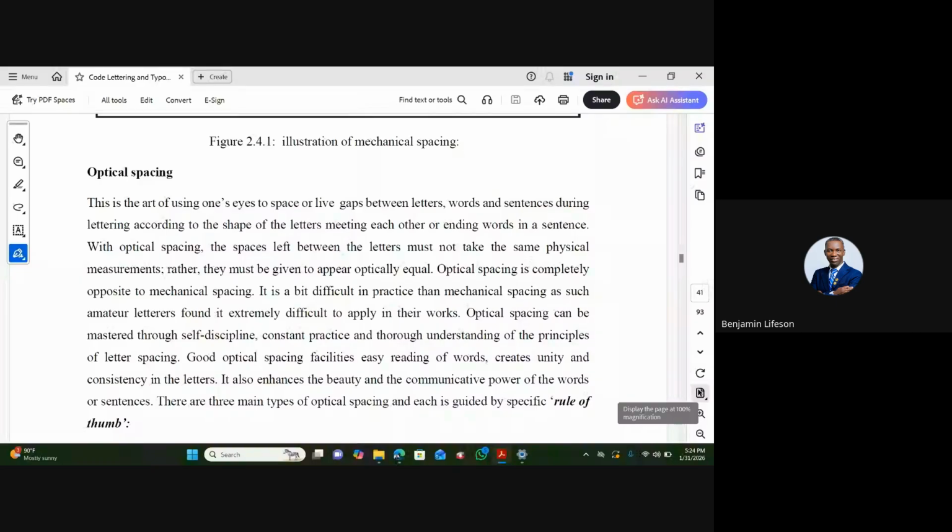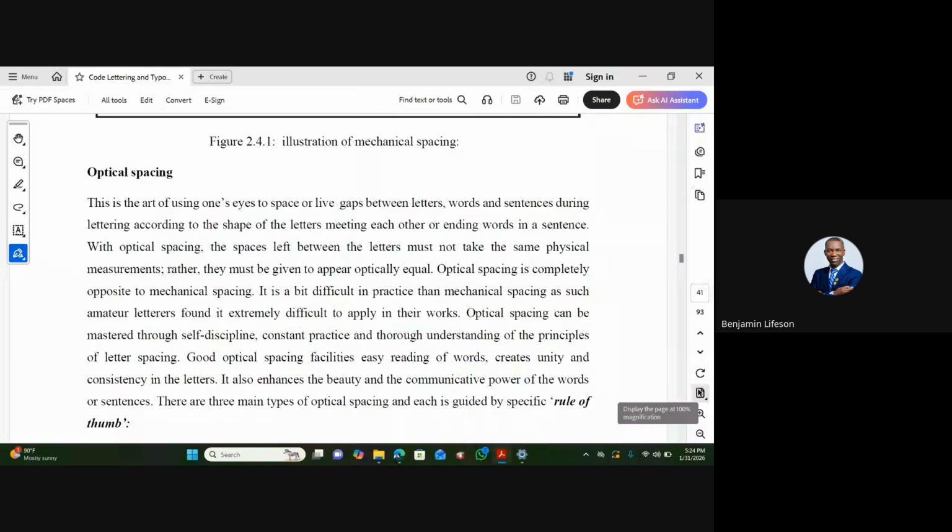Okay, so in this case, if maybe I'm spacing O and P, O is having a round shape and P is straight. So O and P, if I use 1 centimeter, it will be too close. So instead of using 1 centimeter, I'll use maybe 1.5 centimeters, so that it wouldn't be like it is touching each other.